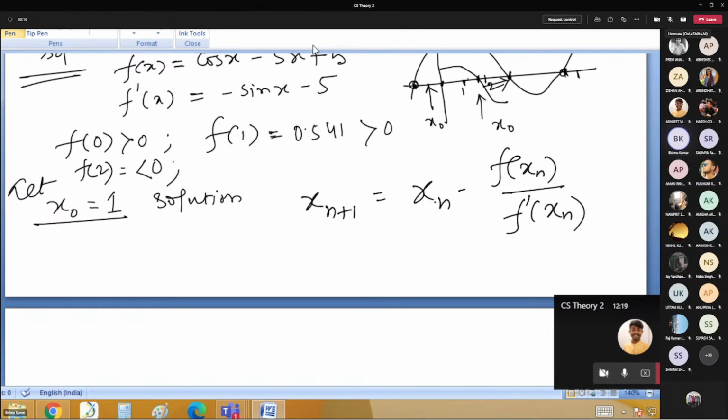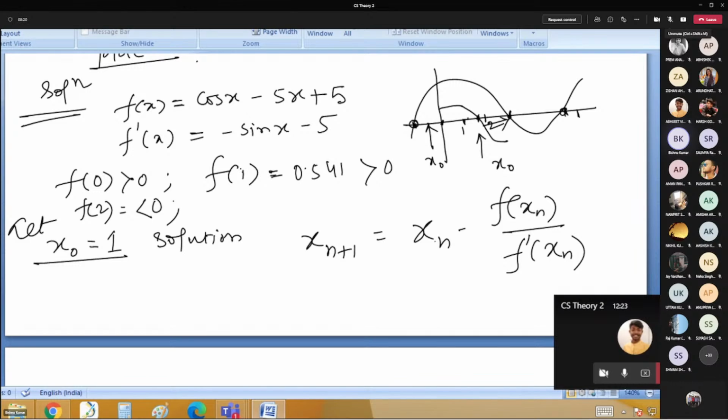You can calculate this value with the help of the function and f dot. Step by step you get every iterated value, x1, x2, x3. When in 2 consecutive iterations up to 2 decimal places it matches, you stop your iteration.